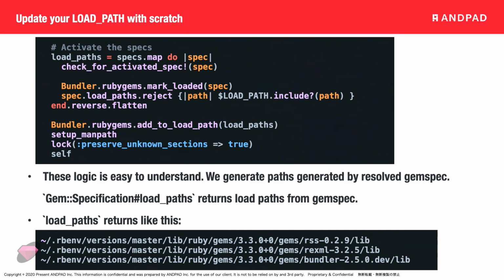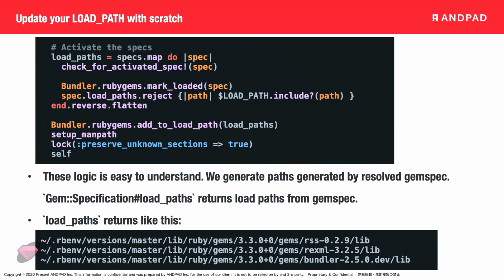Now we can add paths into our load path via the load path variable. The load path variable looks like this if you declared only RSS in the Gemfile. After that, Bundler updates the man path and the lock file and returns the Bundler runtime itself.